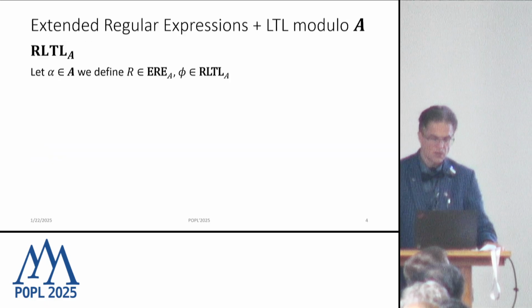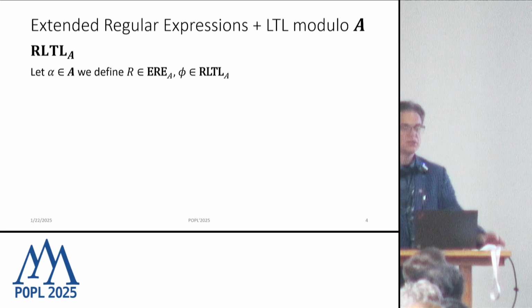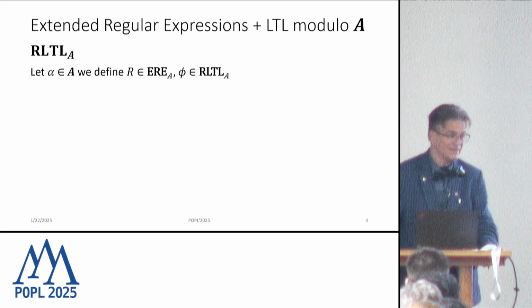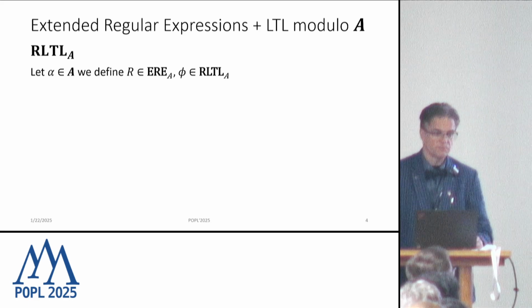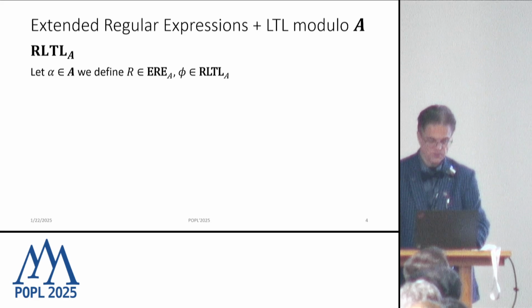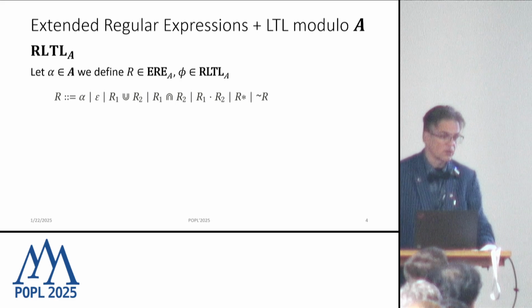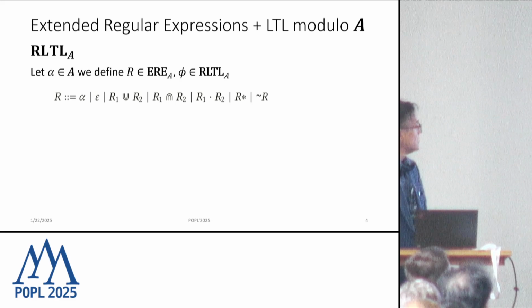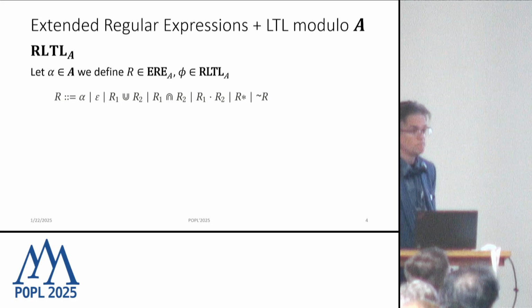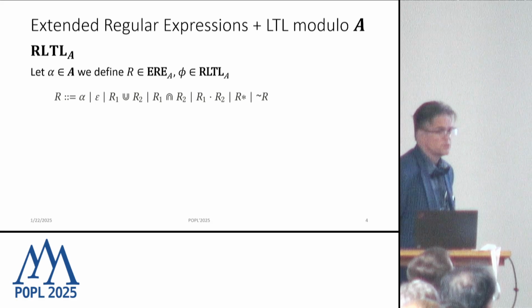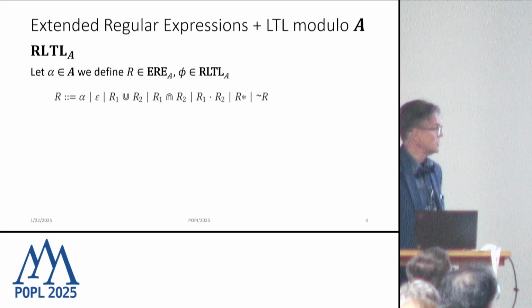So let me just give you a definition of what this RLTL is, and then I'll show examples of it and motivating slides. First of all, we have regular expressions: predicates from a given theory A, which is formally defined as an effective Boolean algebra.